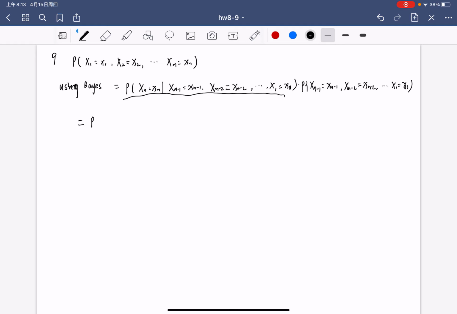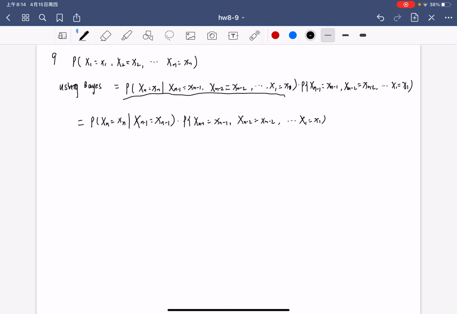It equals P(Xn = xn, given that Xn-1 = xn-1), and then multiply the probability of the joint probability function of Xn-2 = xn-2, and until X1 = x1.